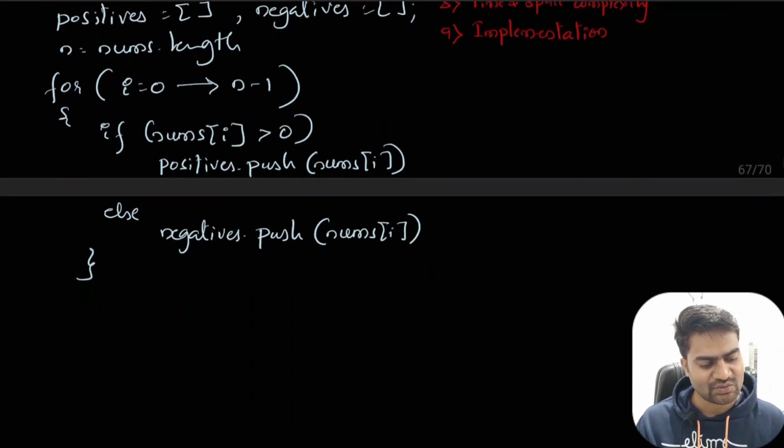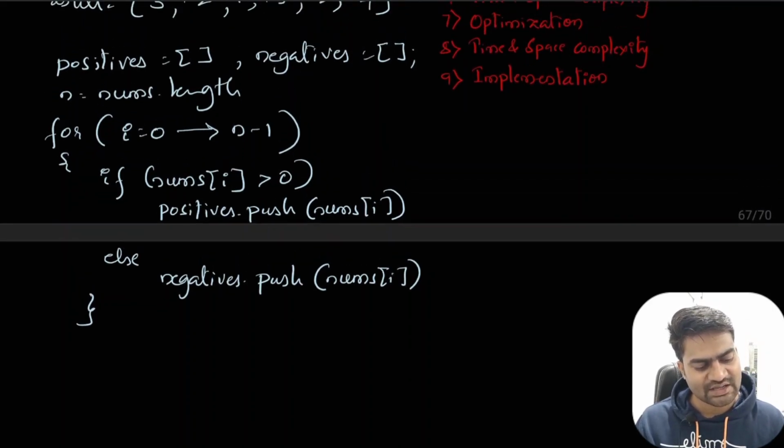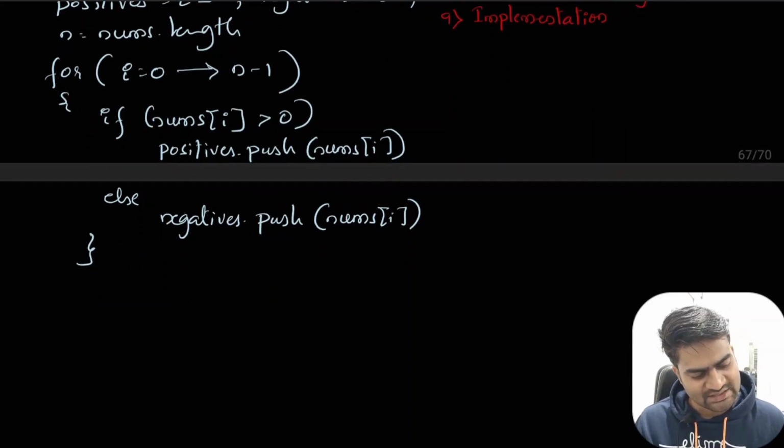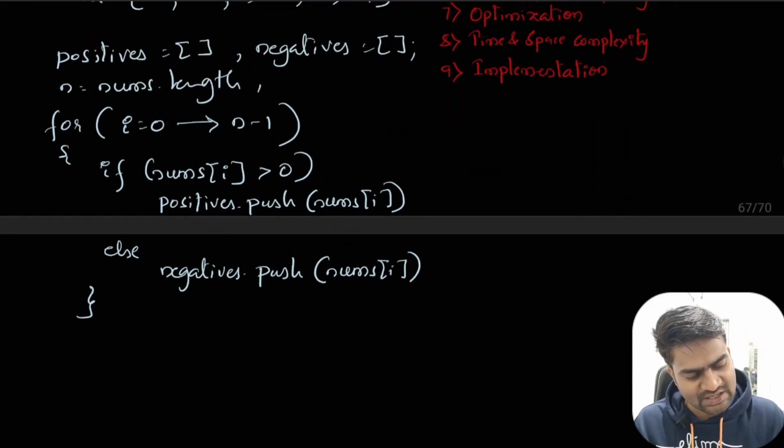Now I will iterate over both the arrays and then add them to my result array. So I will take a result array, which will be an empty array.